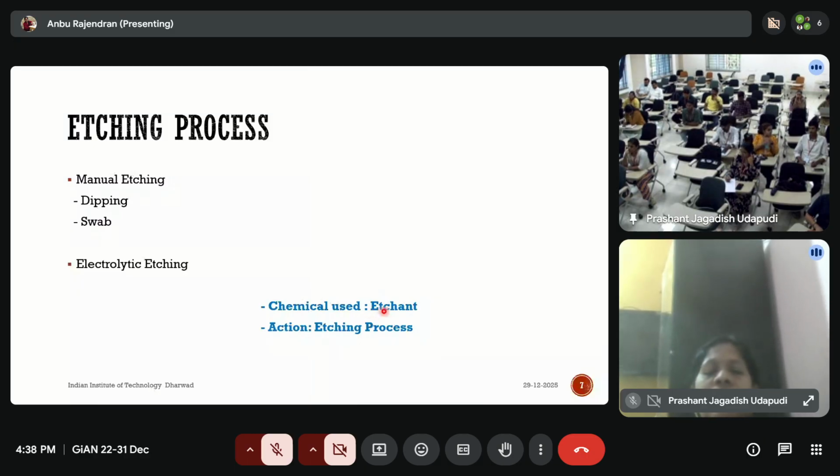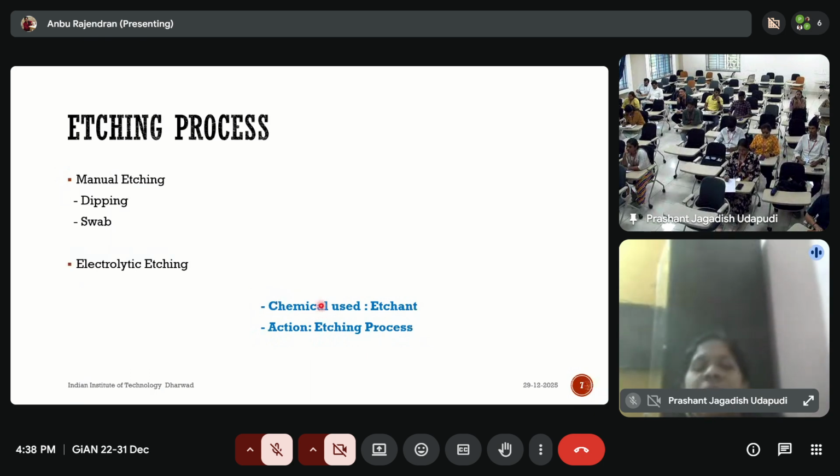Each sample has its specific chemicals which can react with the sample without disturbing other features, reacting only with the selective features. The suitable chemicals for certain samples are known as etchants. The chemical reaction in which we allow the sample to react with the etchant is called the etching process, right?